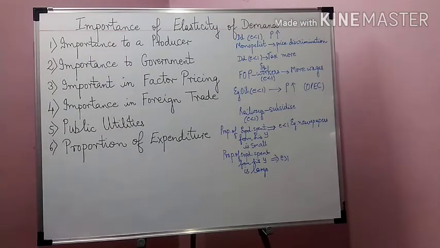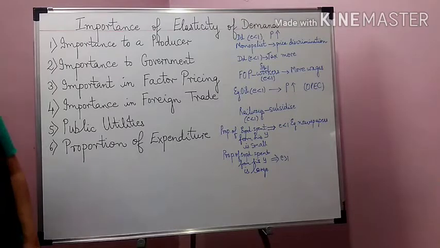So far, we have studied in this chapter the concept, meaning and definition of elasticity of demand. We also have studied that there are three important types of elasticities of demand: income elasticity, cross elasticity and price elasticity of demand.